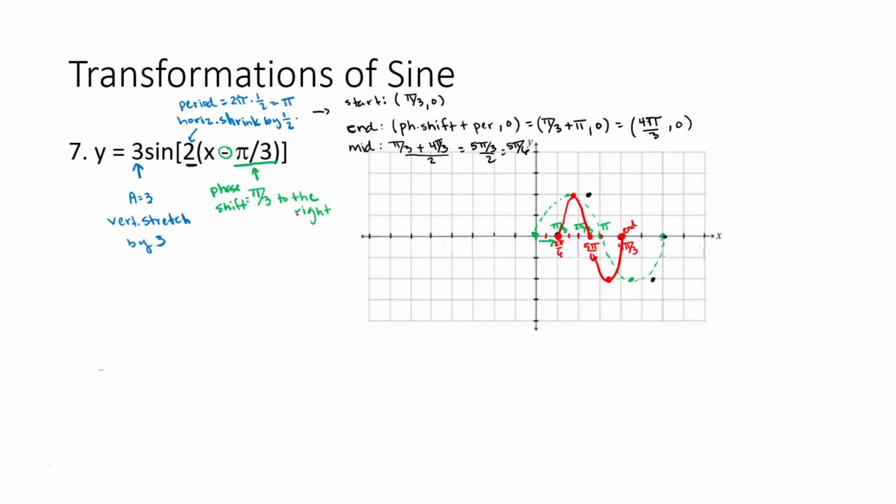Now my period was pi halves. Well, it was pi. So that's 3 pi thirds. So to get another cycle, I just go 1, 2, 3, find the mid, find the middle of that, and find the middle of that, and I can connect the dots again.